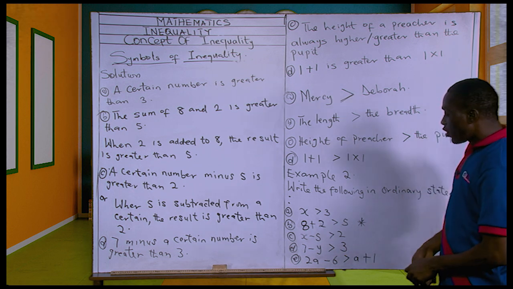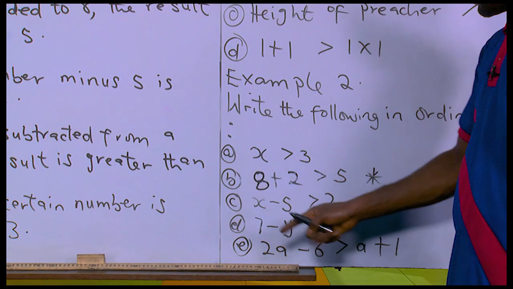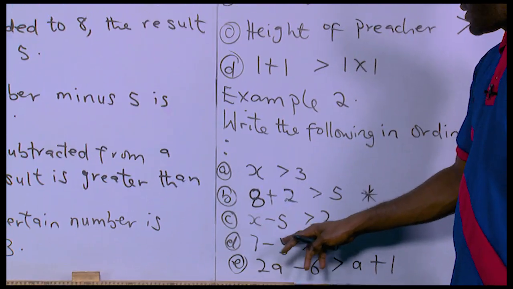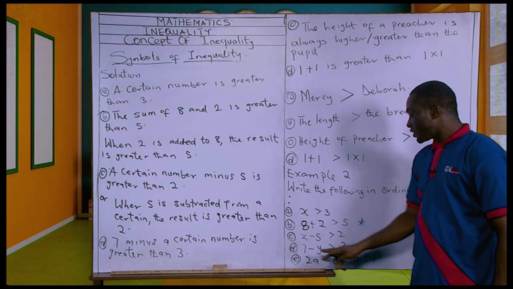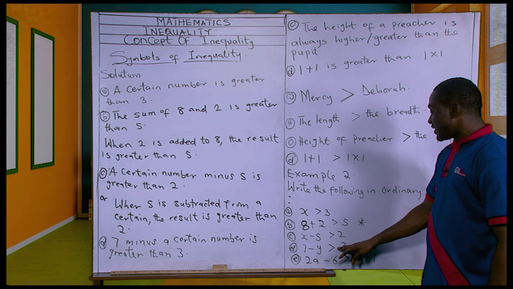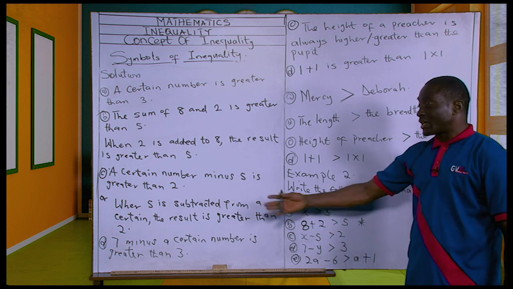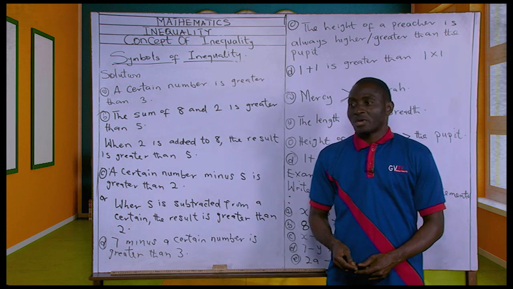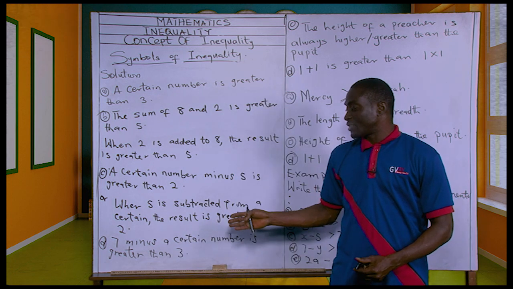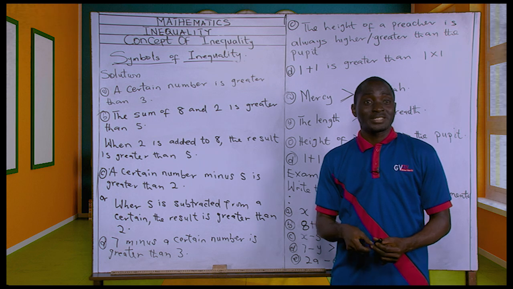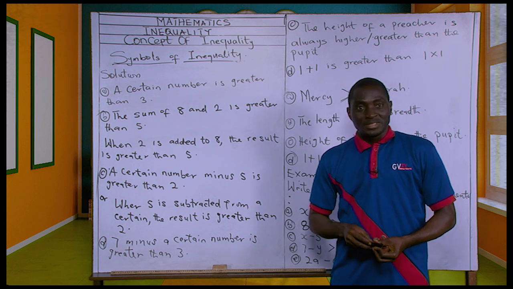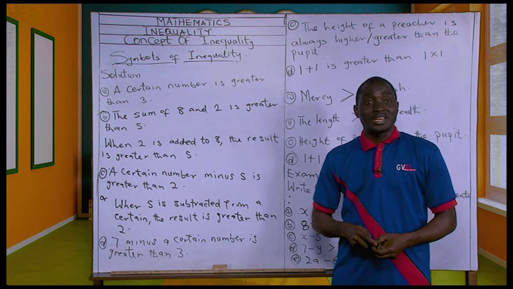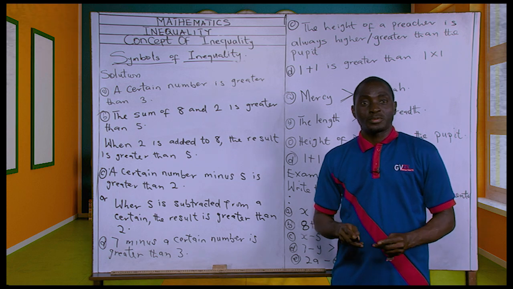Or you could say: when a certain number is subtracted from 7, the result is greater than 3. You could write it like that. That is why it is good for us to understand mathematics, so that you can express it in any form you like.